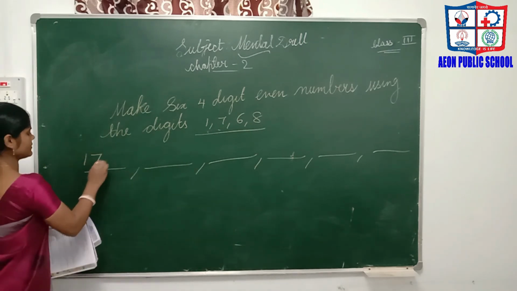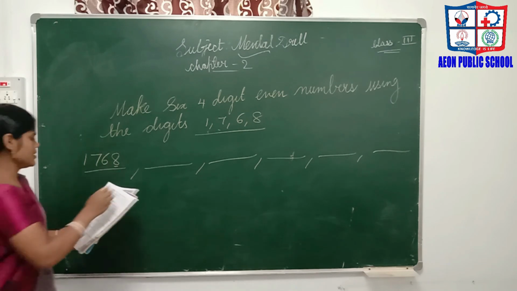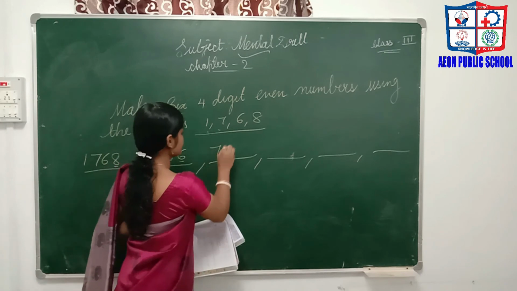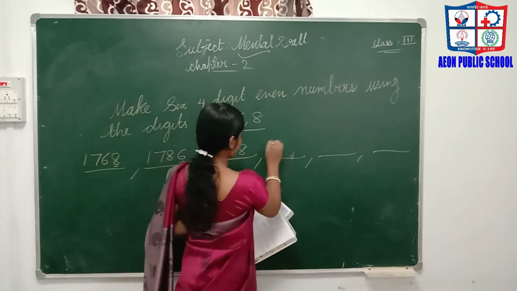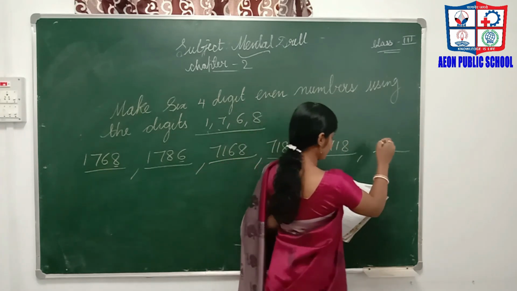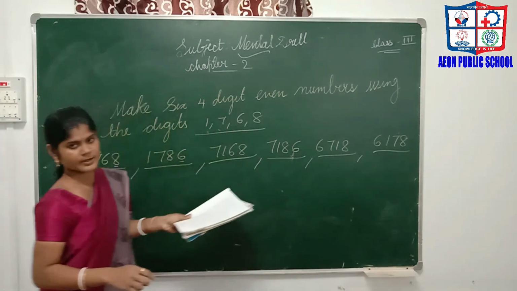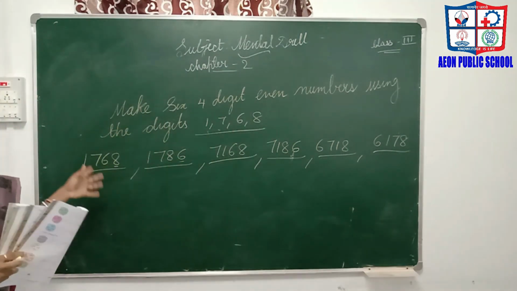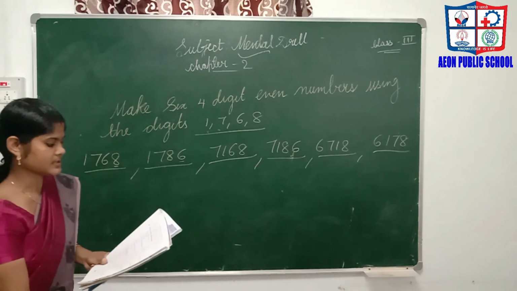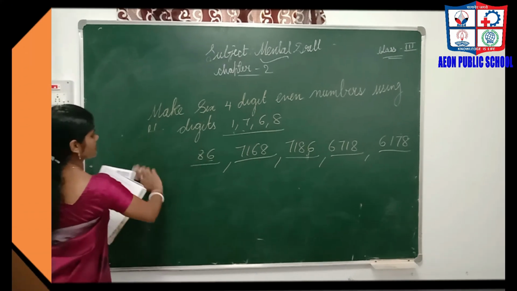Say 1, 7, 6, 8. 8 is an even number, 8 is divisible by 2. Then 1, 7, 8, 6. Here also 6 is an even number. 7, 1, 6, 8. 7, 1, 8, 6. 6, 7, 1, 8. The numbers do not repeat. All the numbers are different, but the last digit should be even. If the last digit is even, then the whole number is even.